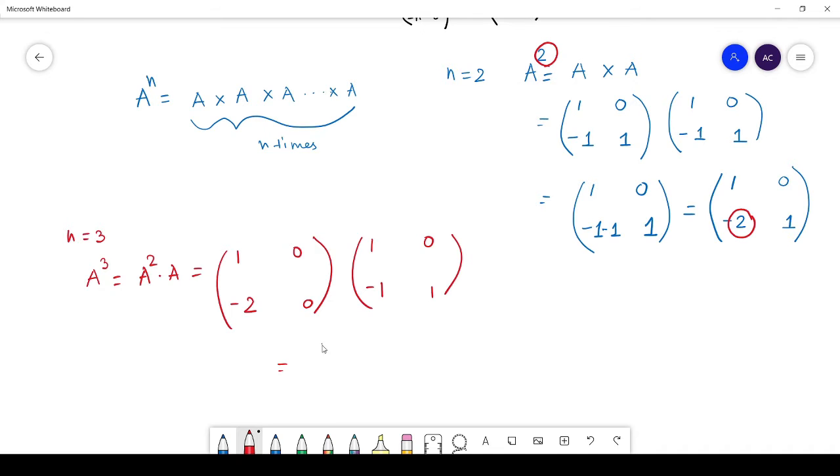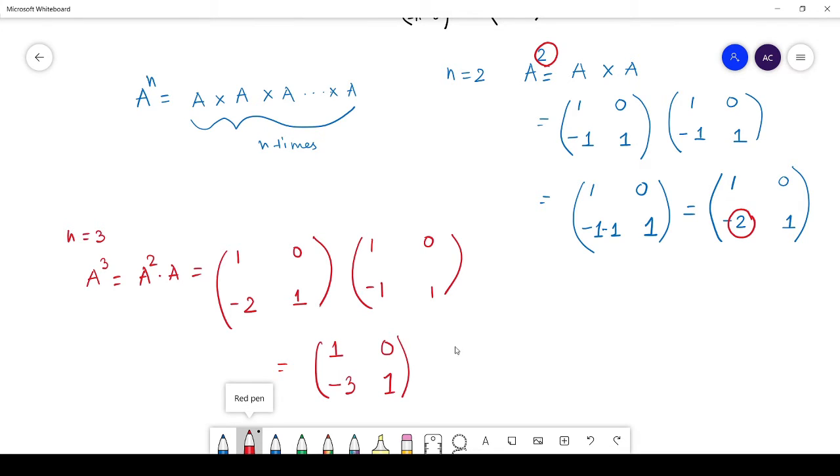So if we just do that, it would be 1, then 1 into 0 plus 0 is again 0, then minus 2 minus 1 is minus 3, and then 1. Sorry, my mistake, it should be 1: minus 2 into 0 plus 1 into 1, so this would be 1.